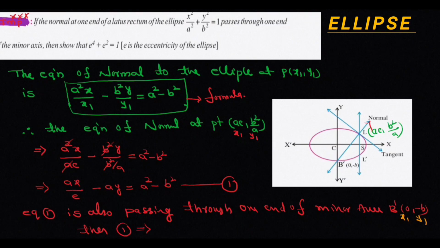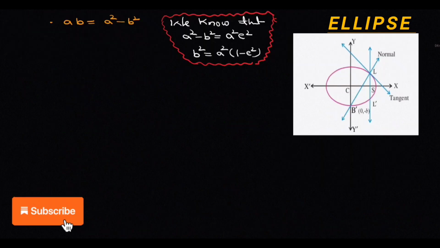Now equation number 1 gives a by e into x value 0 minus a into y value minus b is equal to the right side, a square minus b square. Then we get 0 plus ab is equal to a square minus b square, ab equal to a square minus b square.